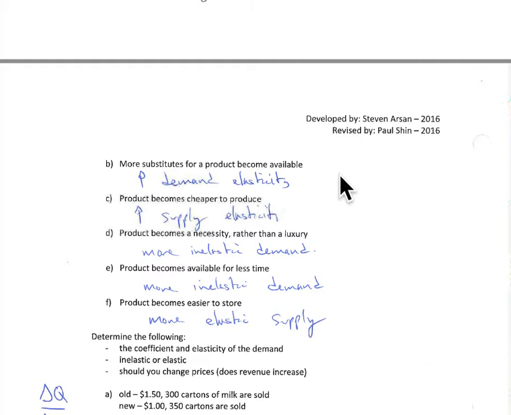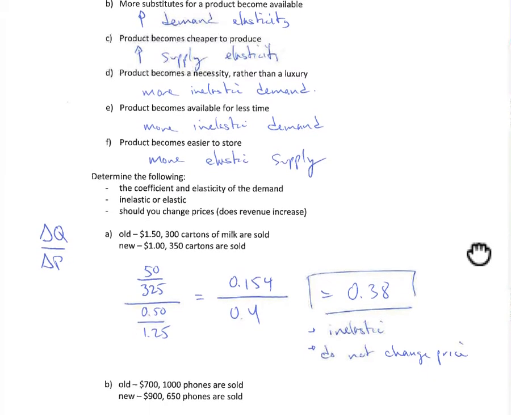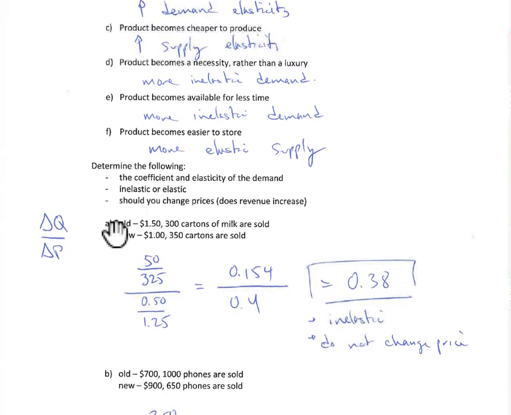So it's very important to understand what impacts elasticity, but also important is to be able to calculate elasticity. So let's look at these questions. Our old point was at a price of $1.50, 300 cartons of milk are sold, and at a price of $1, 350 cartons of milk are sold. So let's work through the math here.